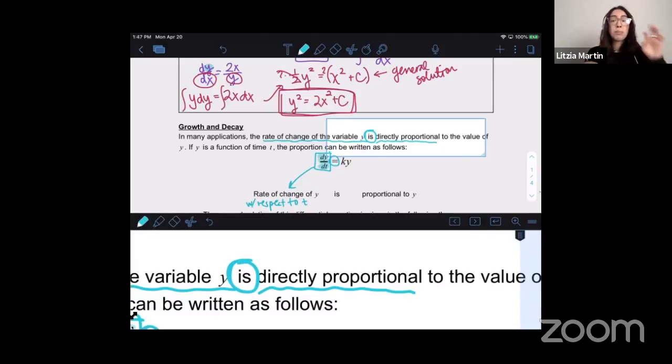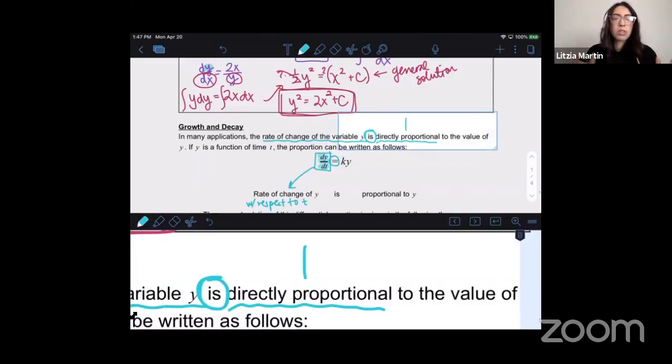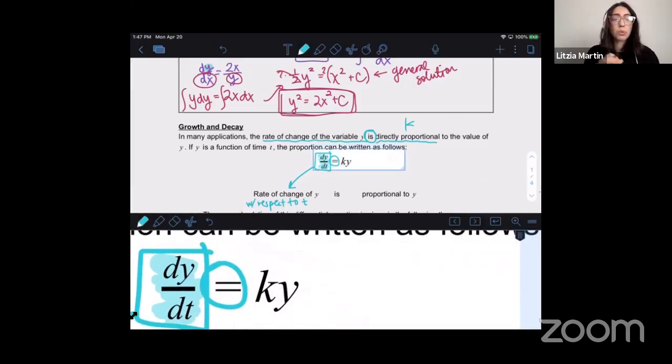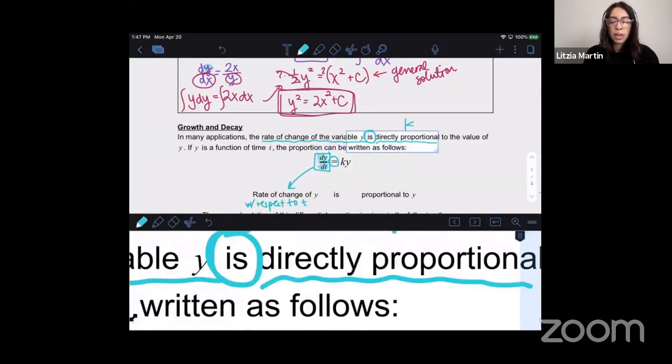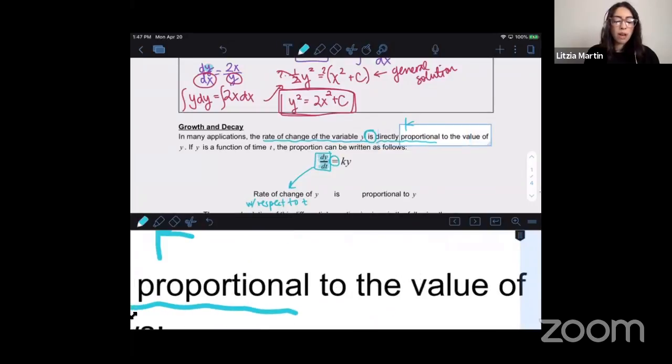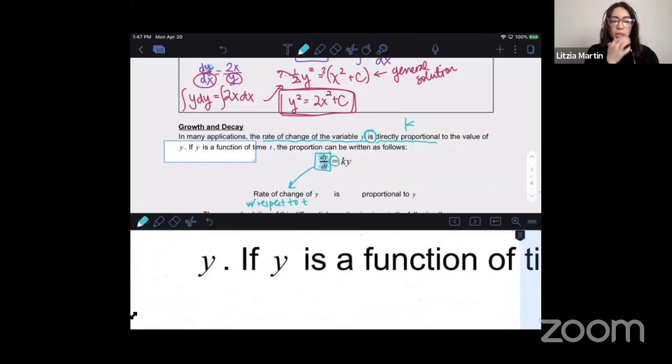So it's some number that's going to multiply to some other value. That number, we call it k. We use k to represent that. So we have k times y. That means we have this value directly proportional to the value of y.